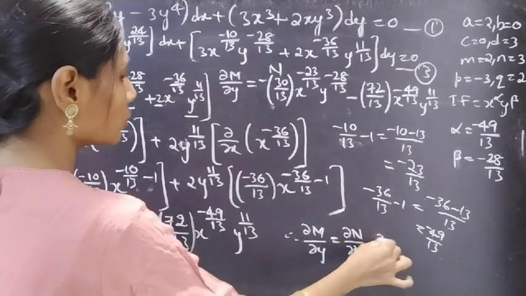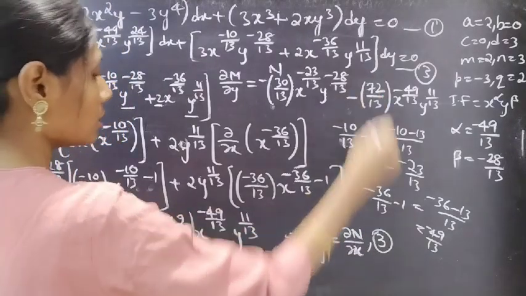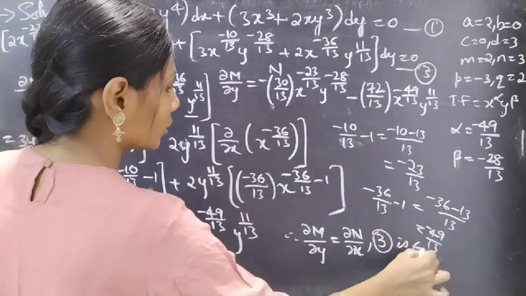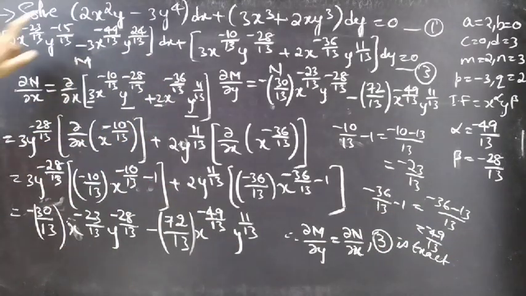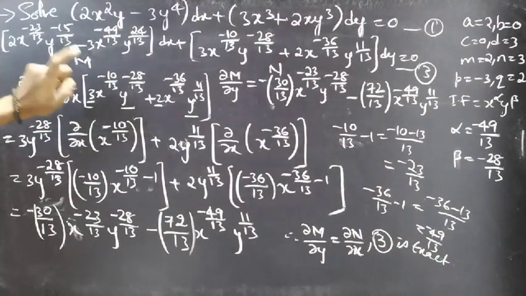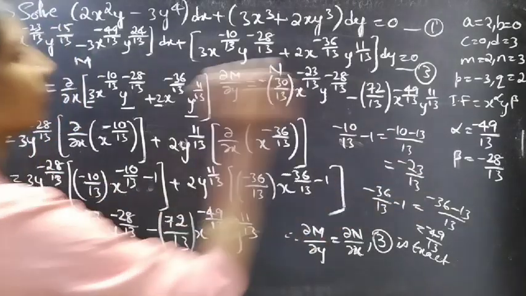This shows that the reduced equation, that is equation 3, is exact. So, from this we can say that we have reduced the given non-exact equation to an exact equation by multiplying it with an integrating factor x power alpha y power beta, right? For alpha equal to minus 49 by 13 and beta equal to minus 28 by 13, right?